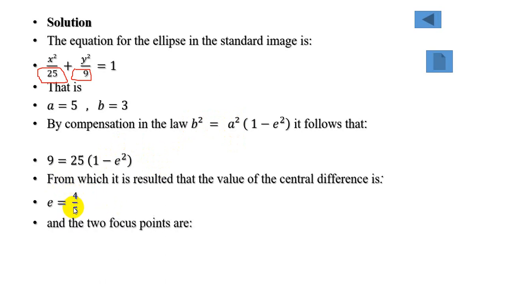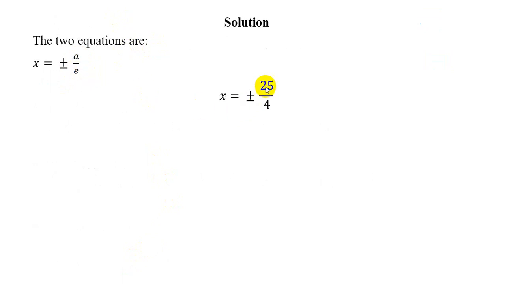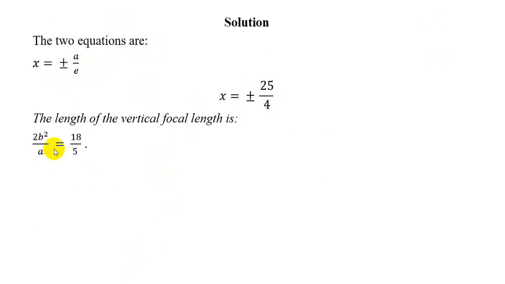Once we get that, the two points of focus are plus or minus 4. The two directrices will be x equals a over e, so 25 over 4, plus or minus, and the length is 2b squared over a, which is 18 over 5, so we get the equation.